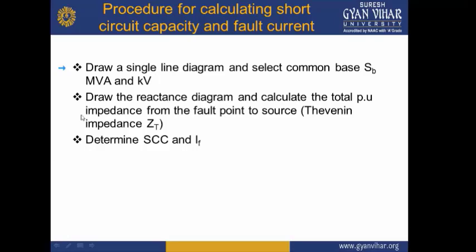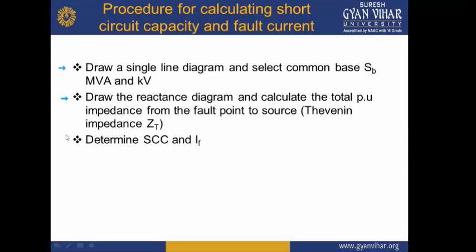After this, we have to draw the reactance diagram and calculate the total per unit impedance from the fault point to the source. That is the Thevenin's impedance ZT. In this, we generally apply Thevenin's theorem to calculate the terminal voltage VT and the Thevenin's impedance ZT.